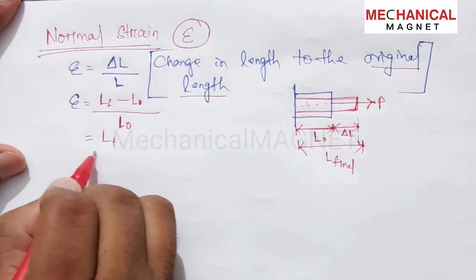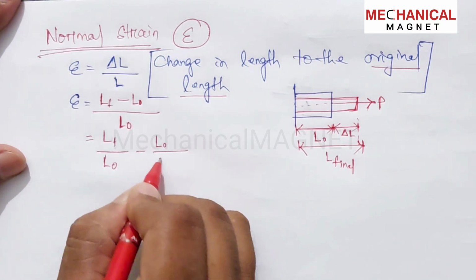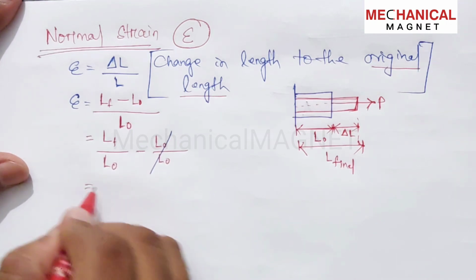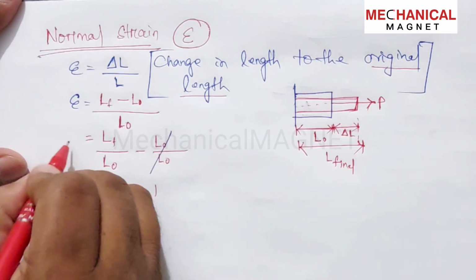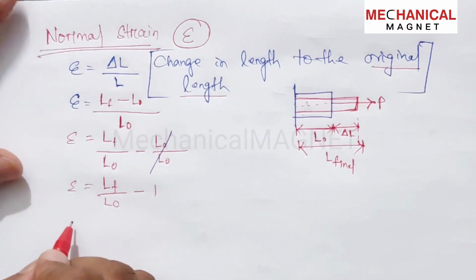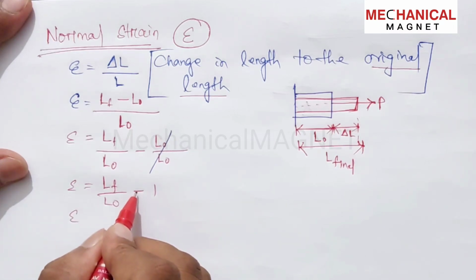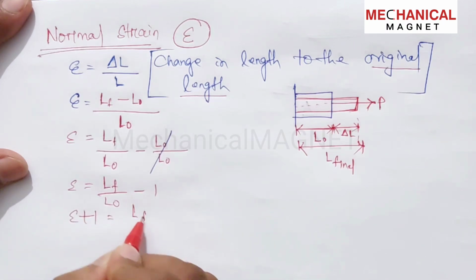So epsilon is equal to LF by L0 minus L0 by L0. The original length cancels with the original length, so epsilon is equal to LF by L0 minus 1. This minus 1 goes to the left side and becomes plus 1, so epsilon plus 1 is equal to LF by L0.